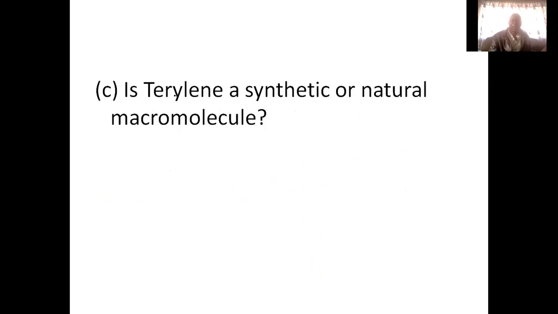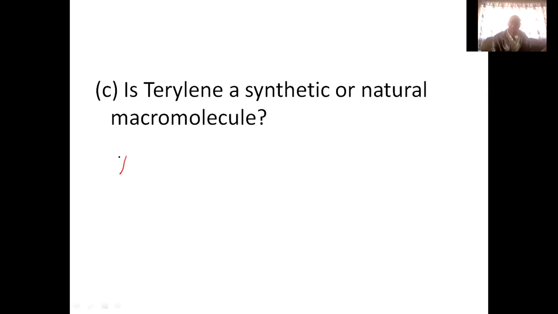And so we go to another question. Is terylene a synthetic or natural macromolecule? Natural macromolecules are naturally existing. They are not made by man, while synthetic molecules are those that are made by man. But terylene is a synthetic molecule.